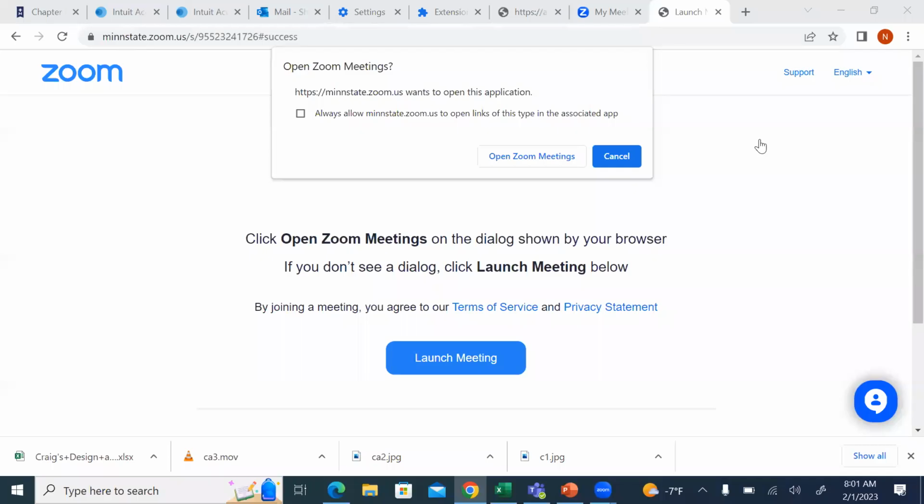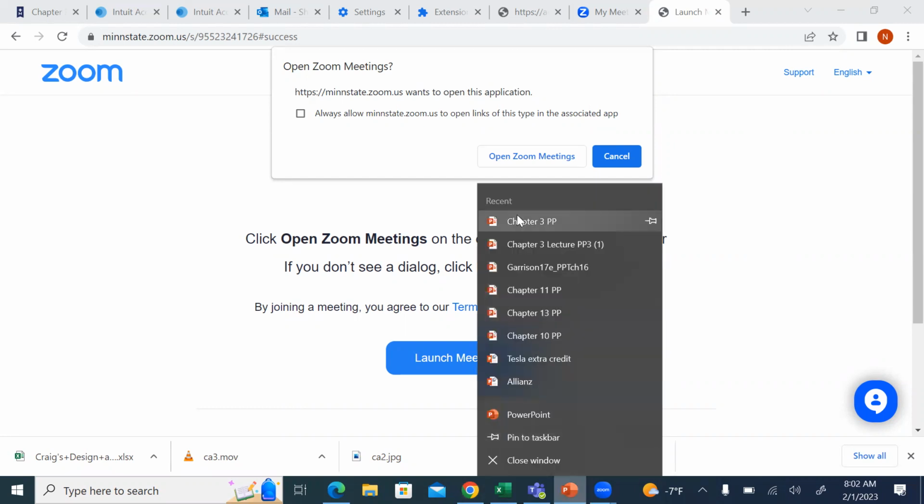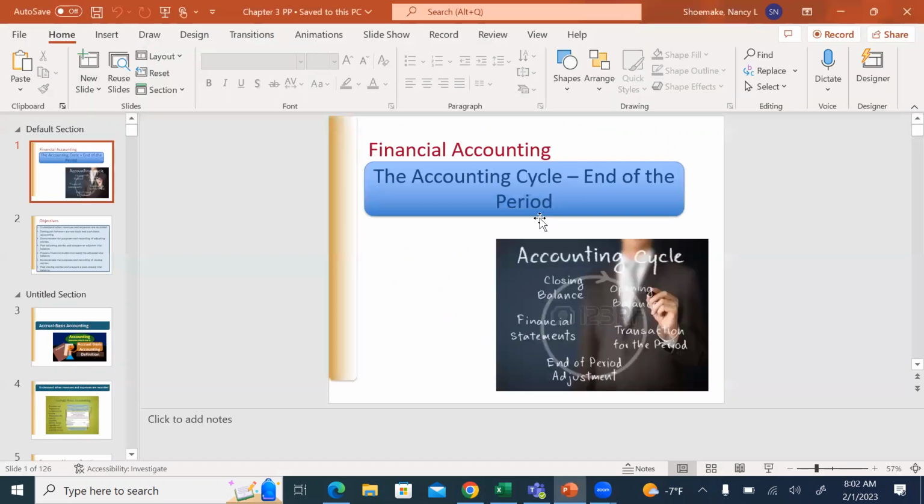Okay, so last week we talked about the first portion of chapter 3. Basically, this first portion covered how throughout the period we record journal entries or transactions related to outside economic events.